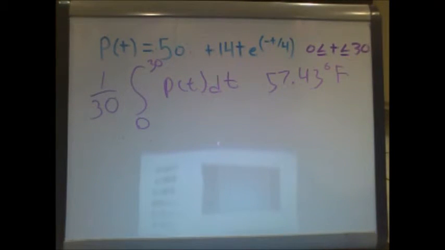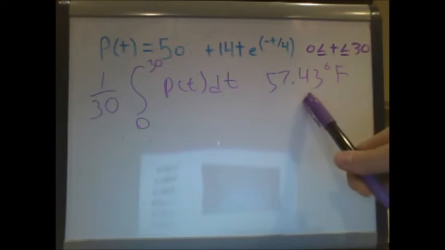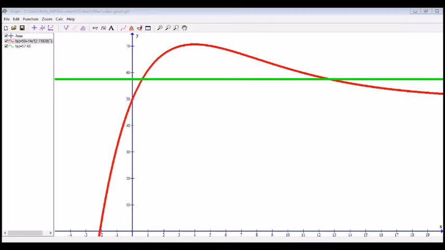Now for the second half of the question, which is at what time is the actual temperature equal to the average? For this, you are going to put both of these into the calculator. So you put in the function p of t, and you graph the answer you just received, which is 57.43 degrees. So when you graph those two things, this is what it looks like.